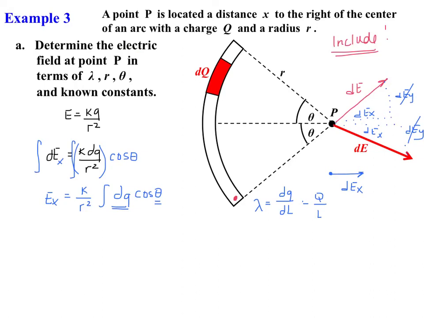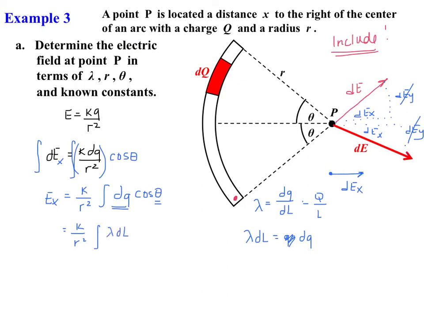So, lambda dl is going to take the place of dq. Well, you might say that we still haven't replaced anything, but you're going to see that we're going to be able to get rid of dl in just a second. So this becomes lambda dl.